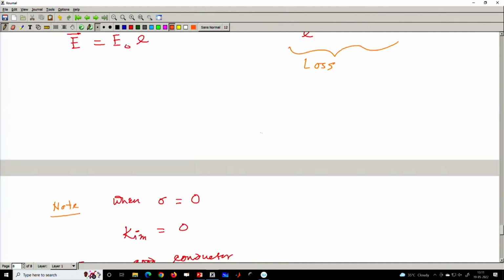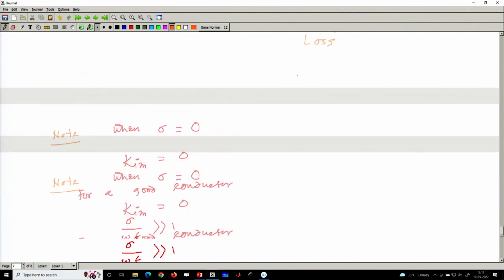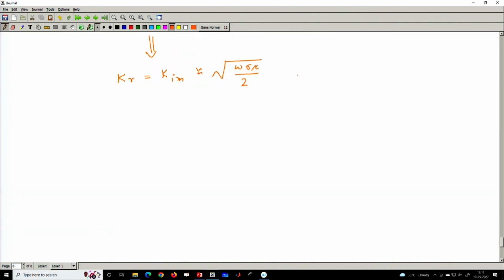If you put this condition in the solutions, then we simply have k r and k im nearly equal to this.